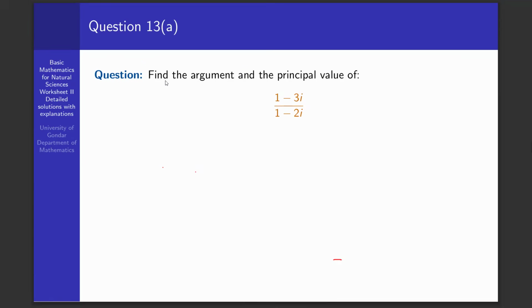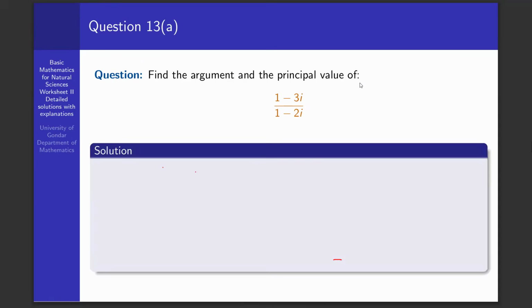Okay, the next one, that's question number 13a, is finding the argument and the principal value of the argument there. We know that the argument is the angle between the positive x-axis and the terminal side determined by the complex number itself. So to do that, first we have to simplify this expression, that is, change it into a standard form, which is suitable for knowing its real and imaginary part.